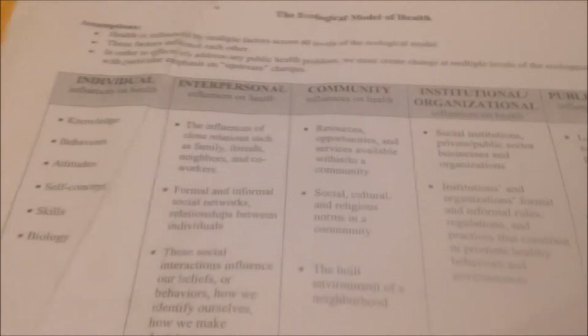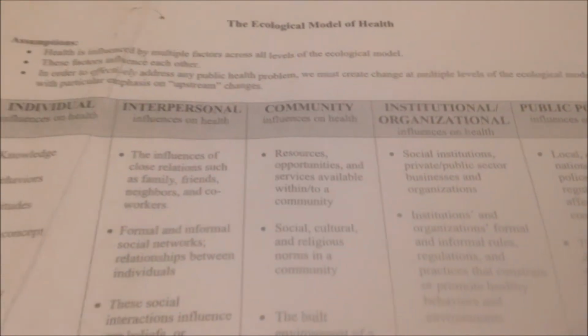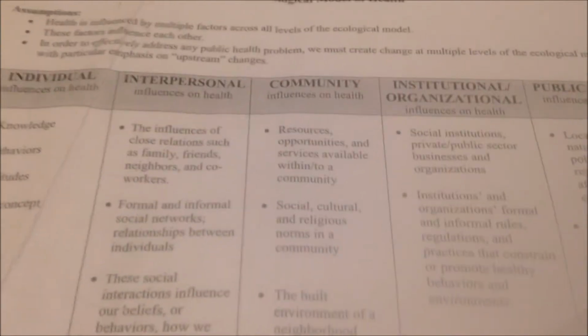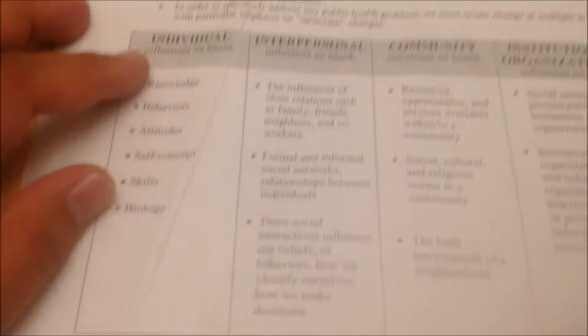And so when you think of people and what their barriers are, so for instance, like a low-income community, you would think, okay, at the individual level, what influences them?